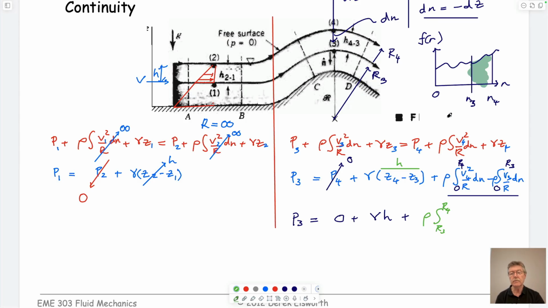Let's also write the fact that V4 is about equal to V3. It's not, it's going to be perhaps faster for V4, right? Because it has to catch up because it's going along a bigger arc, but let's assume that they're the same. And so we can write this as just V squared over R dn.